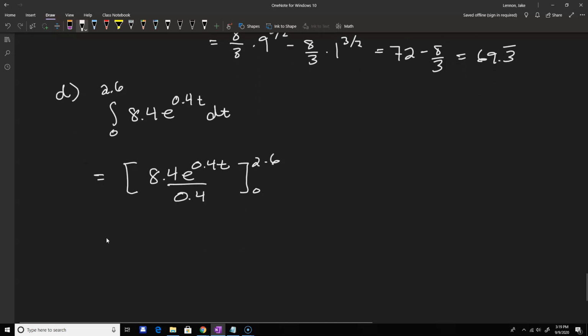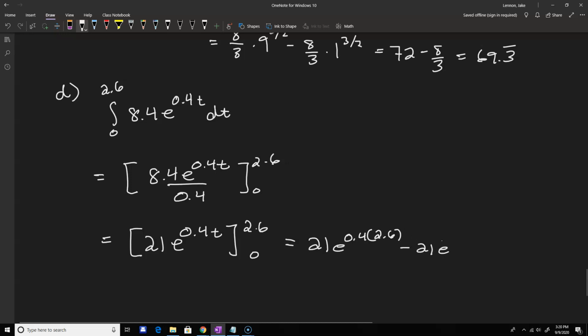And 8.4 divided by 0.4 just comes out to 21. So this is 21e to the 0.4t from 0 to 2.6. So this comes out to 21e to the 0.4 times 2.6 minus 21e to the 0.4 times 0, which is just going to leave us with e to the 0. So this comes out, if you round it to 2 decimal places, to about 38.41.